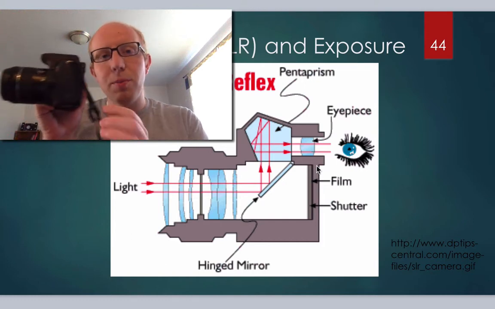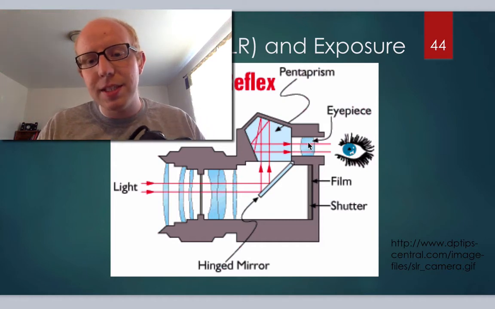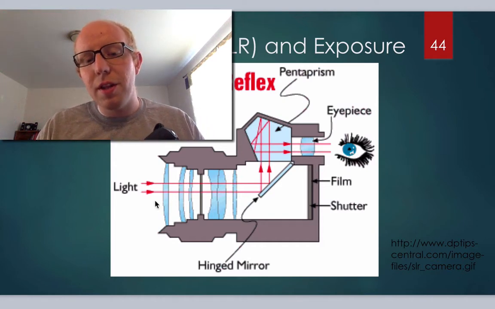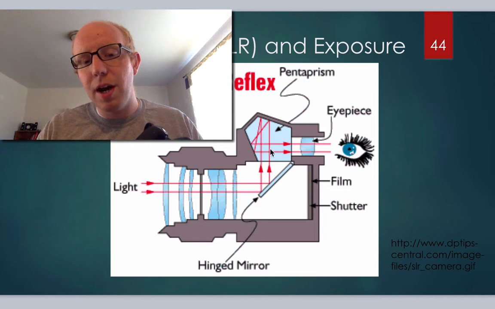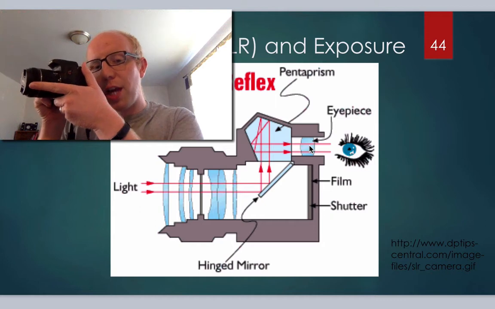There's this viewing port right here, where you would look to take the picture. That's the same as this piece right here. While the light's coming in, it's actually bouncing off this mirror. It bounces off this set of prism pieces till it gets to your eye. So you can see what the image is going to look like before you've actually captured it.